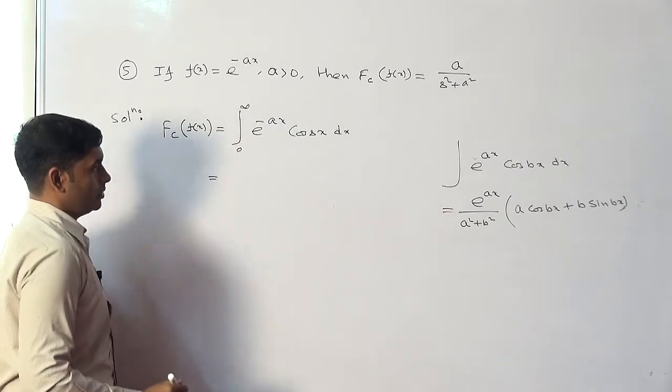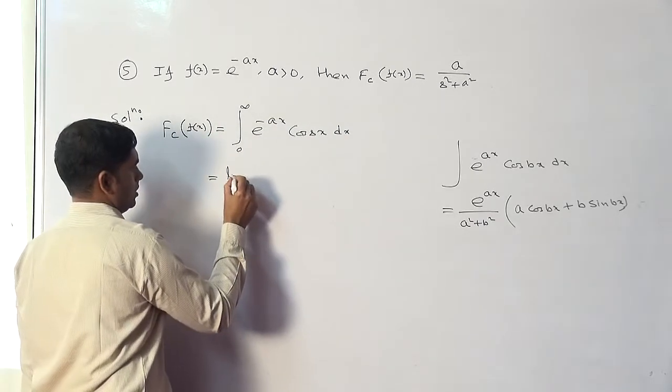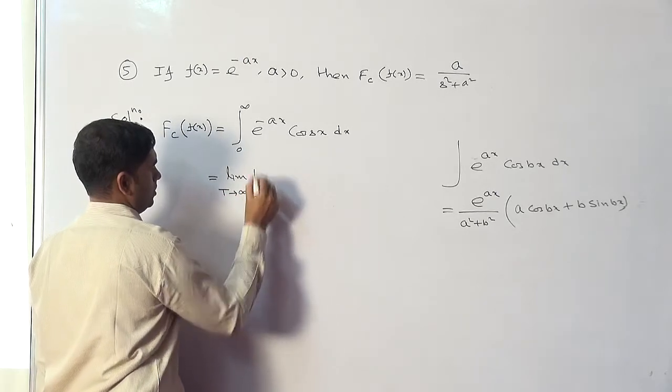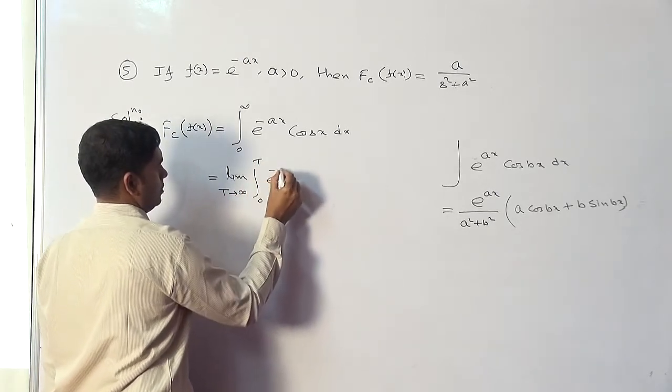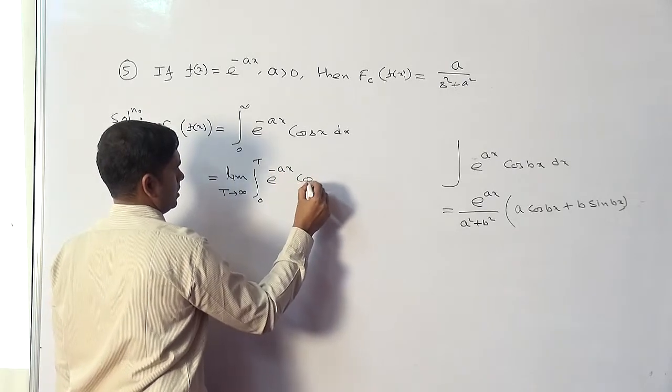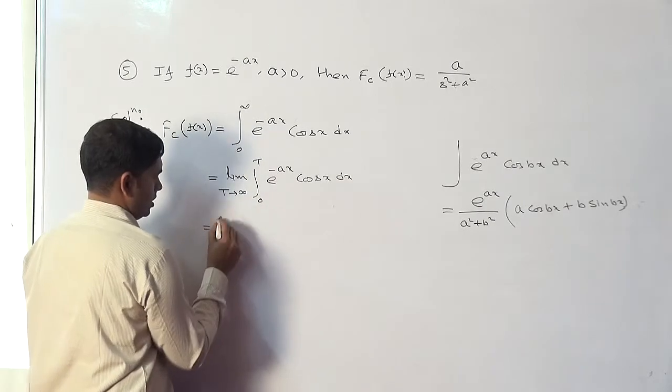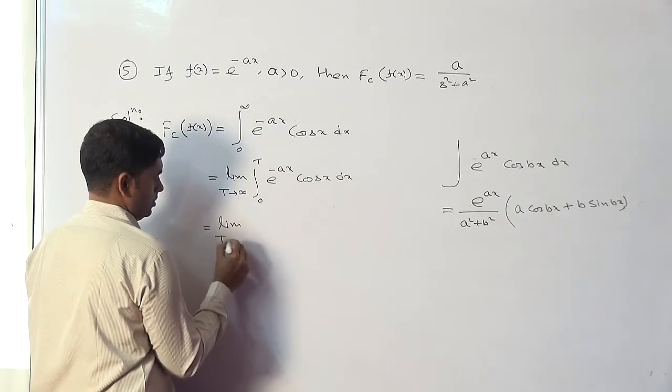Now to come to this integration, limit t tends to infinity, 0 to t, e to the power minus ax cos(sx) dx.